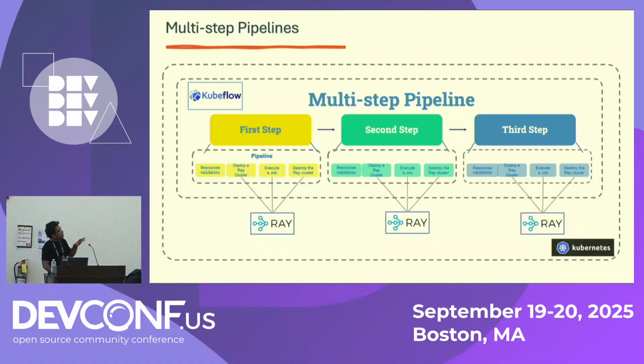The multi-step pipeline looks similar to a single step, where now they are chained together, where the output of the first becomes the input for the second.